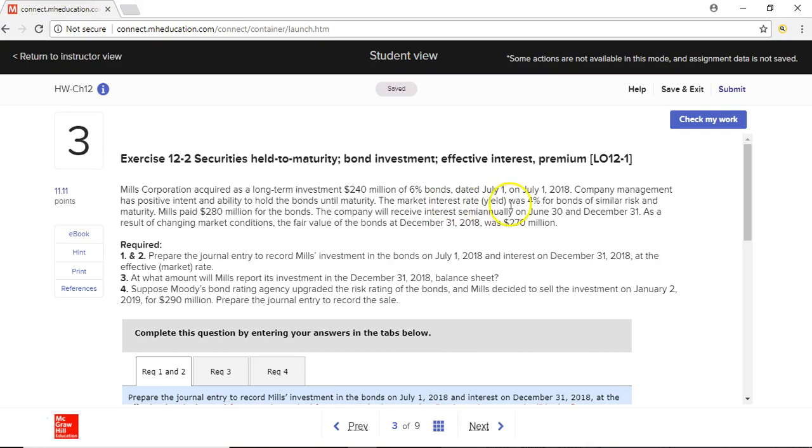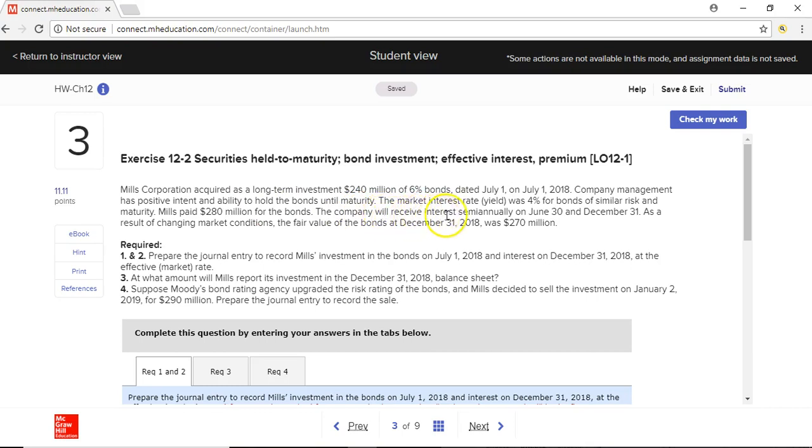The market interest rate yield was 4% for bonds of similar risk and maturity, so we will use 4% to account for interest revenue. Mills paid $280 million for the bonds, so the payment is the cash being credited and is the price for these bonds.